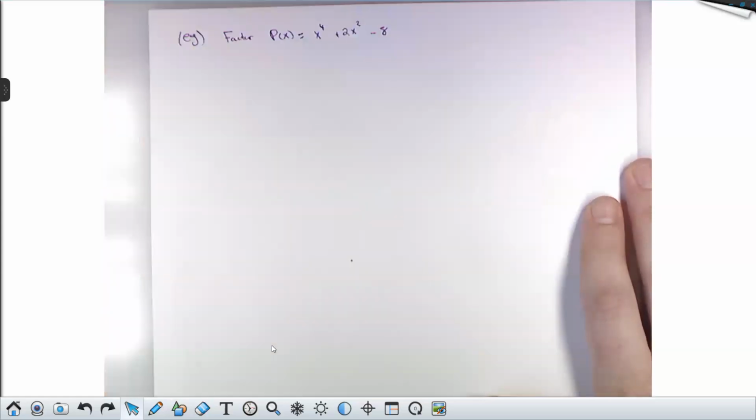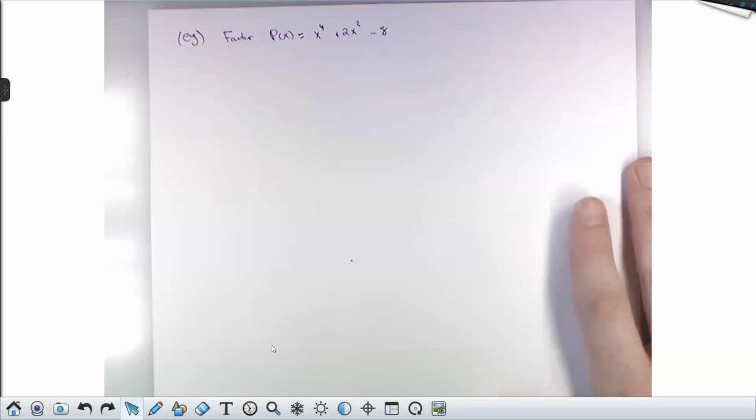Let's factor p of x equals x to the 4 plus 2x squared minus 8. And we're going to factor it two ways.